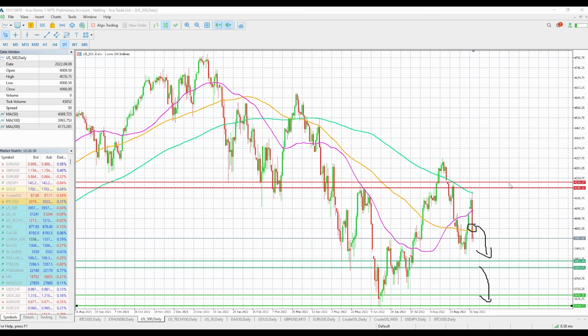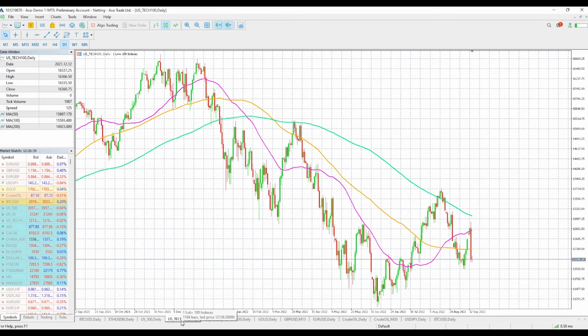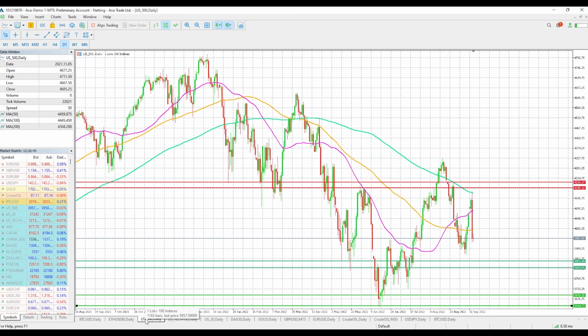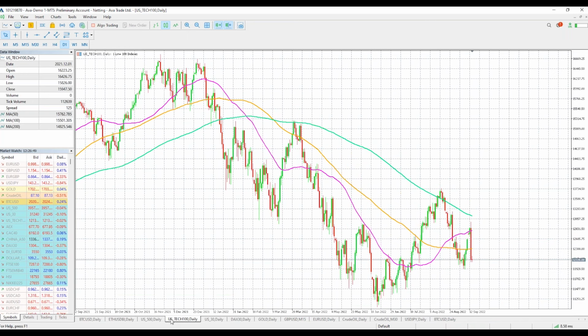Now, what is happening with the other two major stock indices? Let's begin by looking at the Nasdaq, which is an exact copy of what is happening with the S&P 500 index. You can see S&P is trading below the 150, and that is what really happened over here as well.